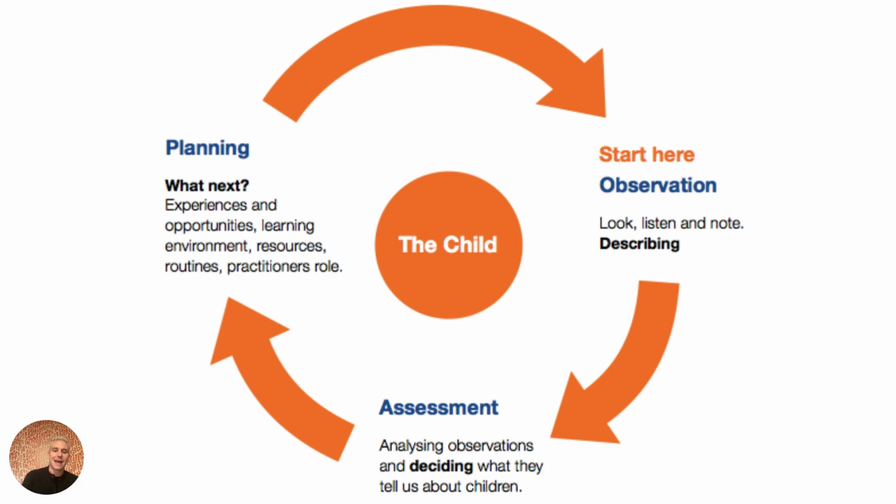Here in this stage, you analyze your observations, you decide what they tell us about children, what they tell us about their interests, about their development, which milestones they've met, which milestones are emerging, and you use that to feed into your planning. What's next?